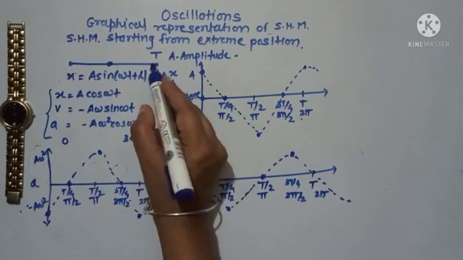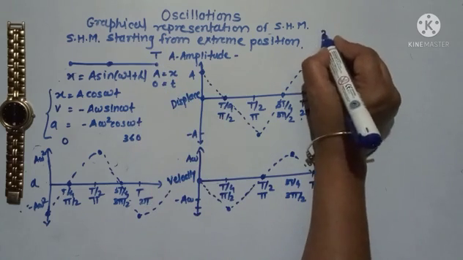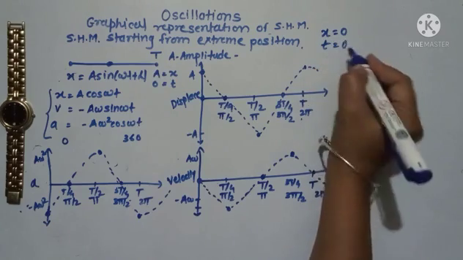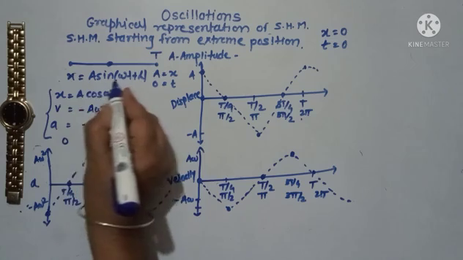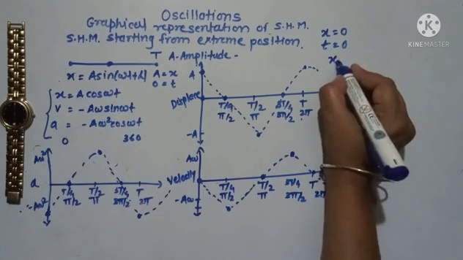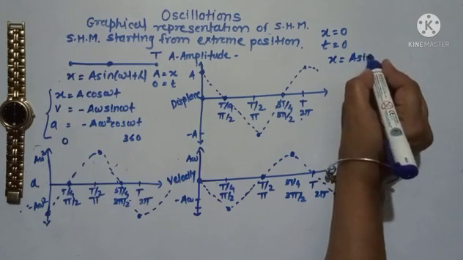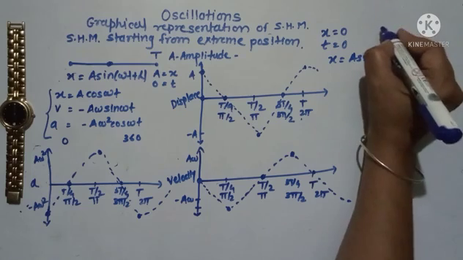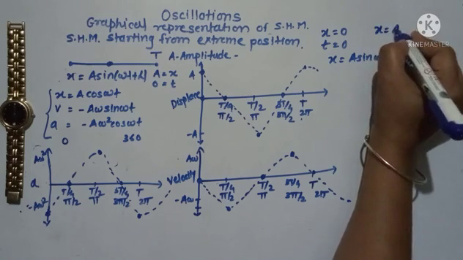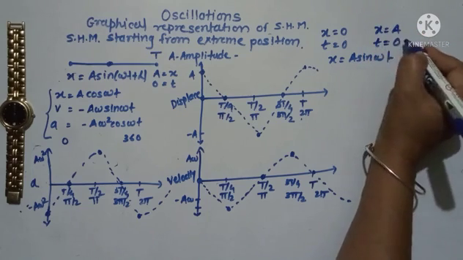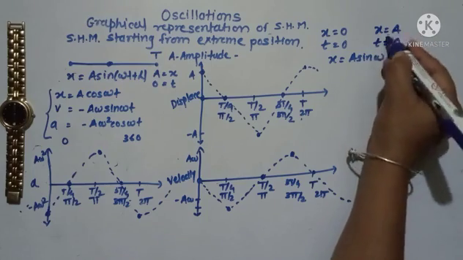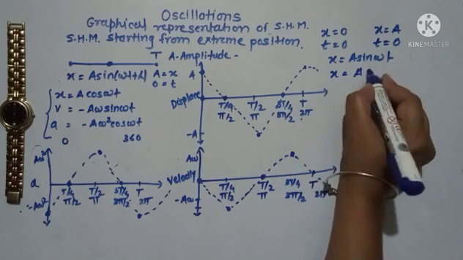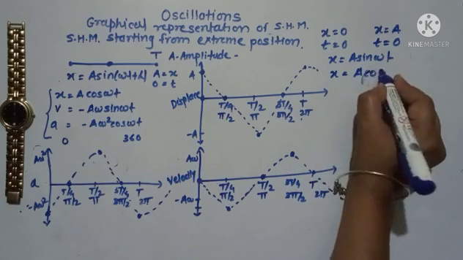For the particle starting from the mean position, you just take x is equal to 0 for t is equal to 0, and if you put these two values into this equation, you are going to get x is equal to a sine omega t. And for the particle starting from the extreme position, just put the condition x is equal to a at time t is equal to 0, and if you put these two values in the same equation, we are going to get x is equal to a cos omega t.